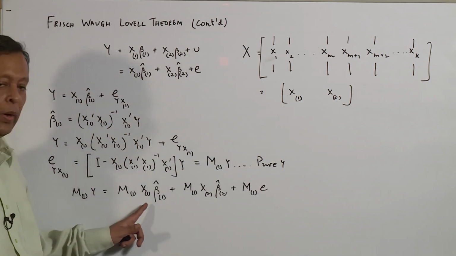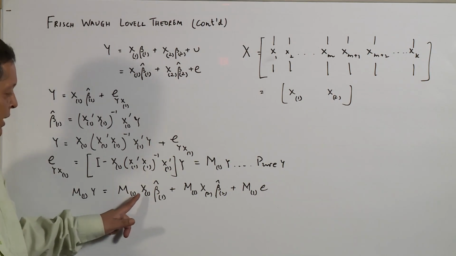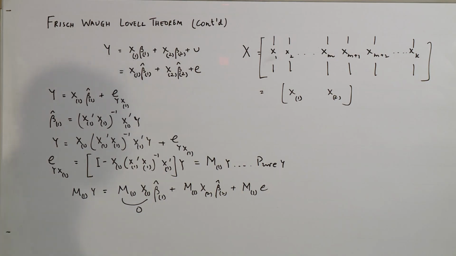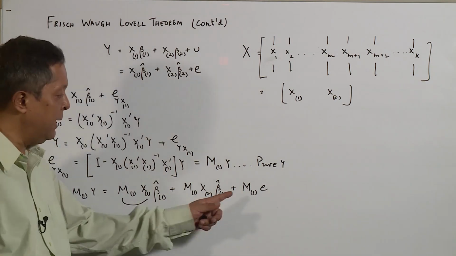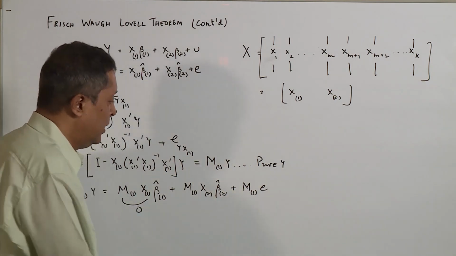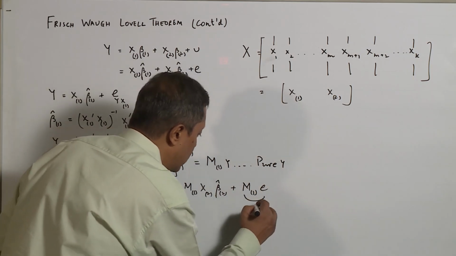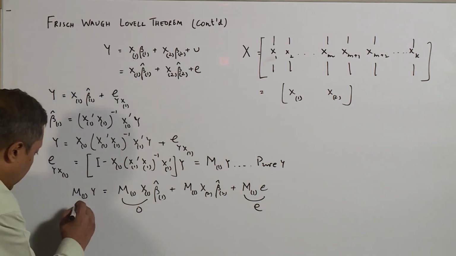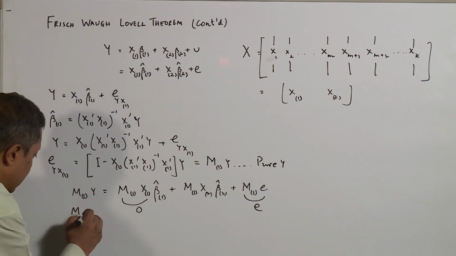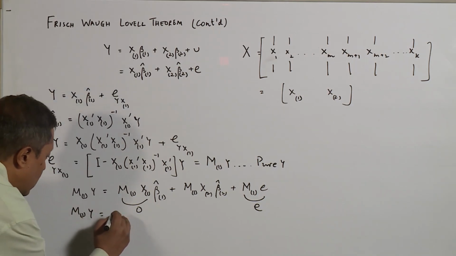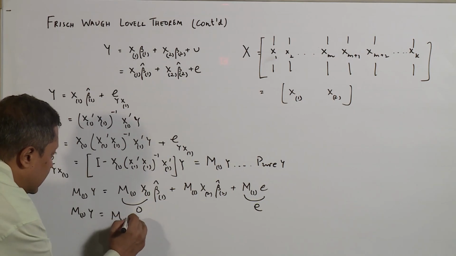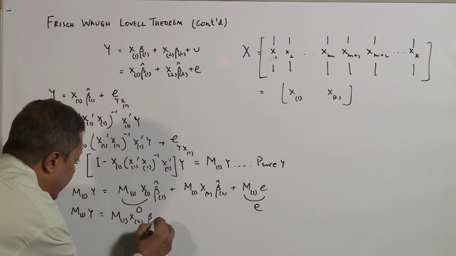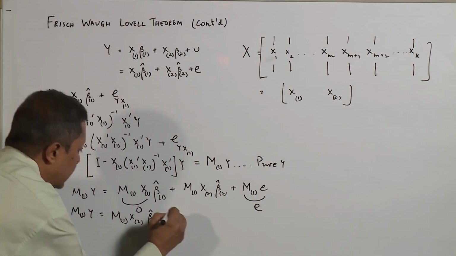Remember, M into x was 0, so M1 times x1 will vanish. This is 0. What else? Remember, M times E was E, so this will also be equal to E. So, this reduces to M1y is equal to M1 x2 beta 2 hat plus E.